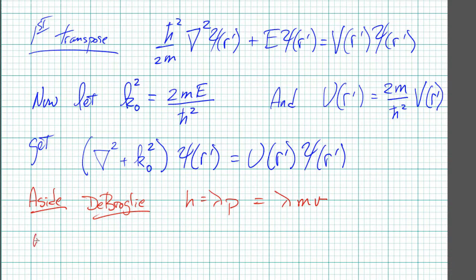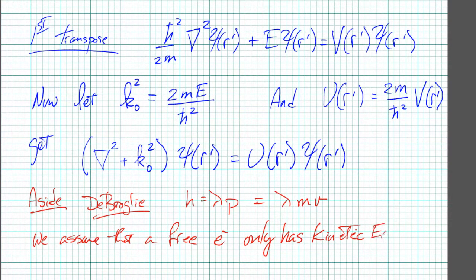We assume that a free electron only has kinetic energy. So what does that mean?